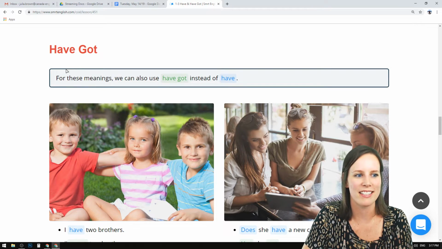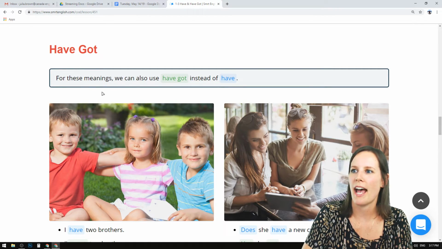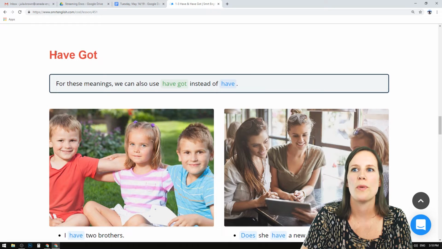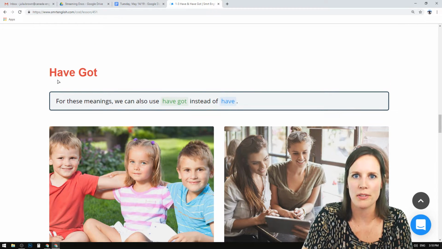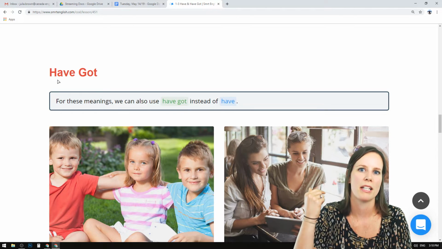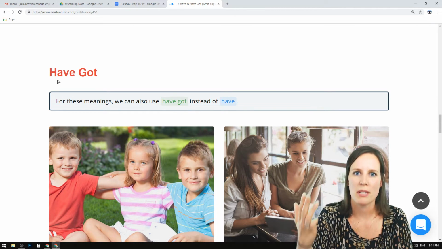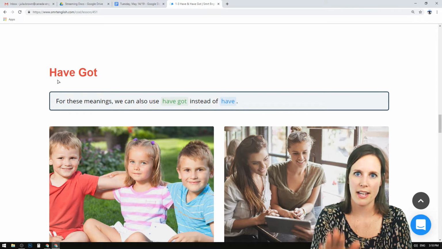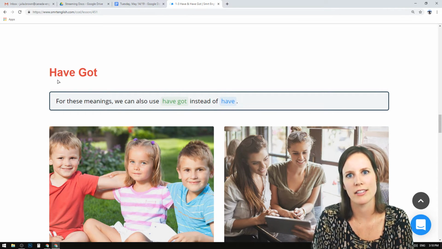Back to Smrt. We have different meanings of using have. Okay, so have got. With the meanings that we've just talked about, the context, okay, so illness, relationship, obligation, possession, in these contexts, we can replace have with have got, okay?